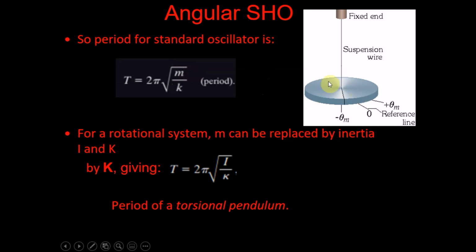But in the case of this disk, the distribution of mass is what matters. And in that case, we can replace m with an inertial term I. k here is the spring constant and can easily be replaced by kappa, being the torsional constant. Consequently, T is equal to 2 pi root I over kappa is the equation that you need to use if you're looking at the torsional pendulum.